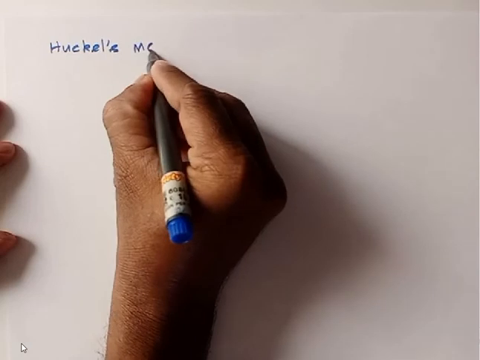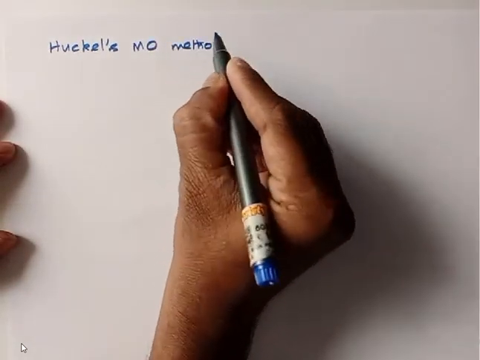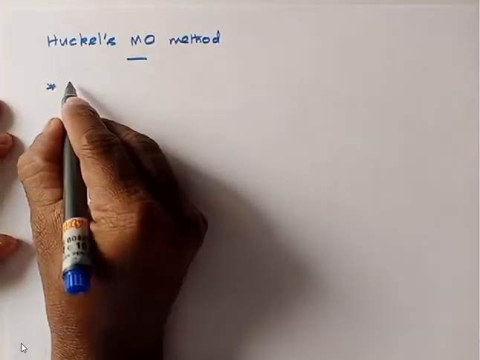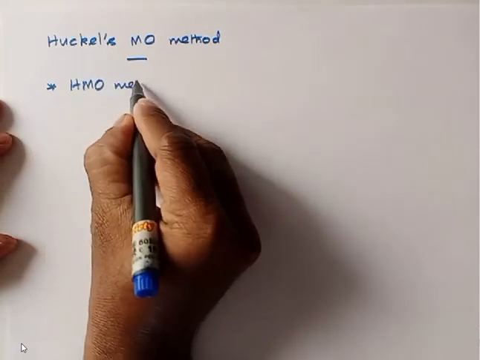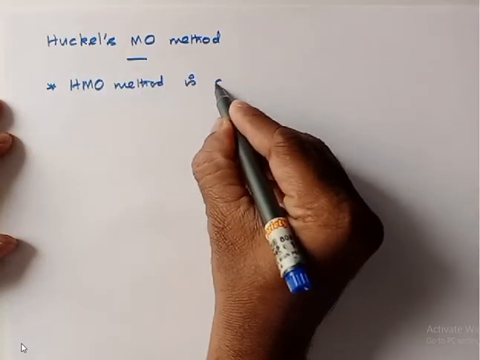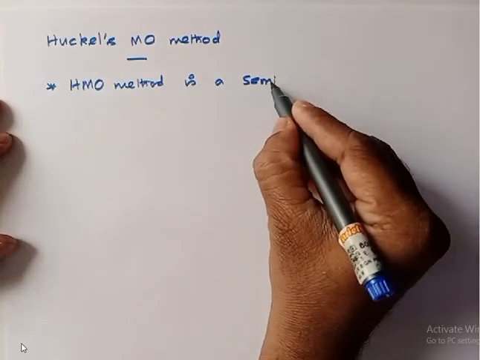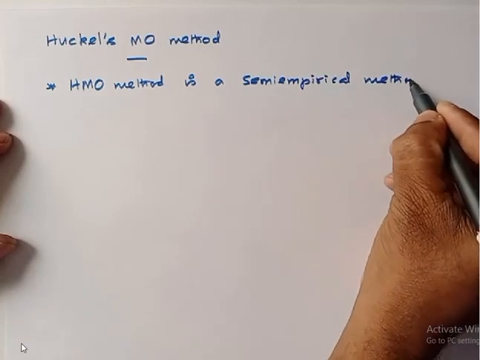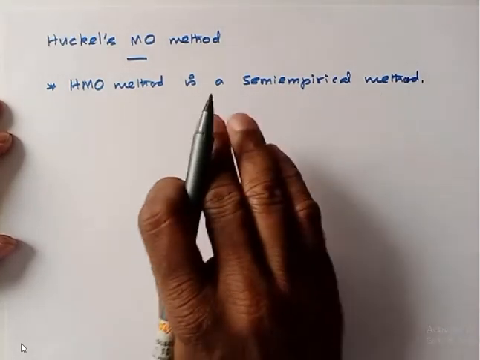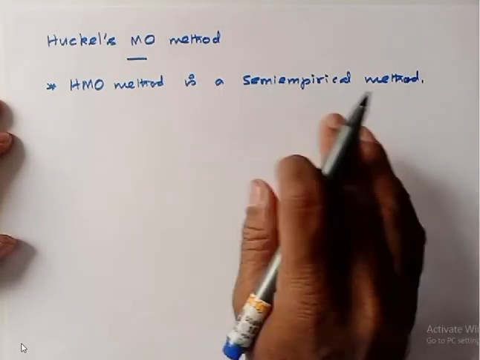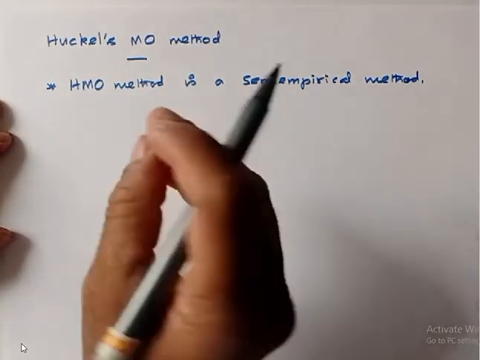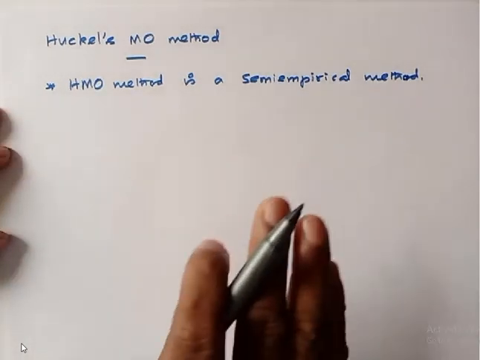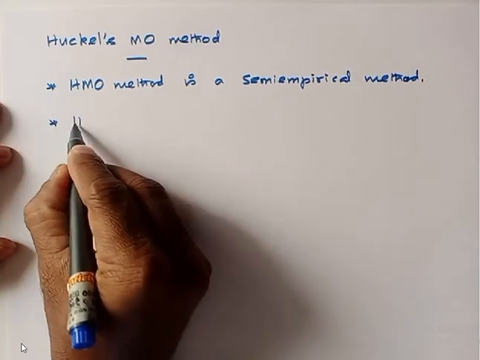As I told you in the last lecture, the Huckel molecular orbital method, the HMO method, is a semi-empirical method where some of the two electron integrals are ignored, and to fit with the experimental data some parameters are included.